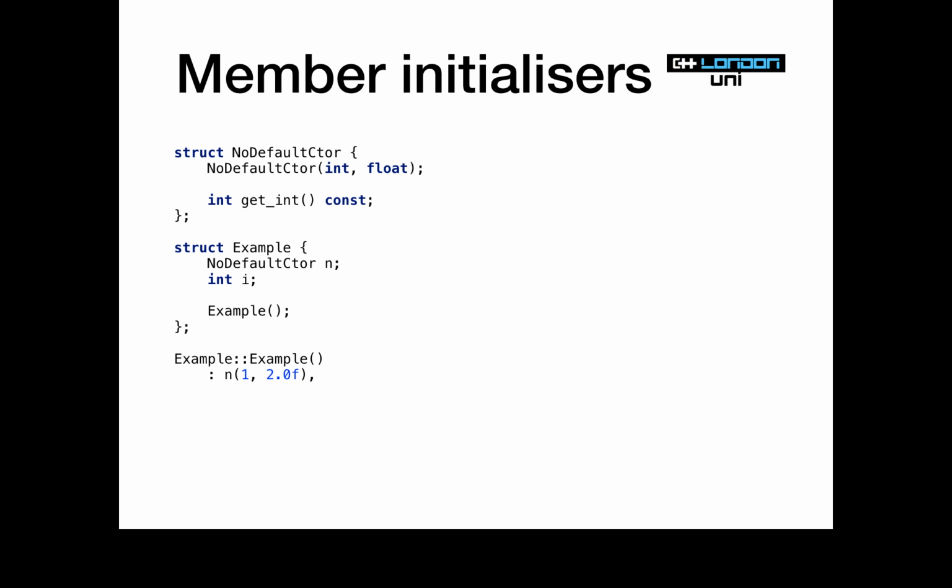And we introduce that with a colon, and then we write the name of the member, and then the constructor we want to call. So in this case, n is of type no default constructor. I want to call the constructor that takes an int and a float, which is the only choice I've got, actually. So this is saying, instead of default constructing n, I want you to call this particular constructor.